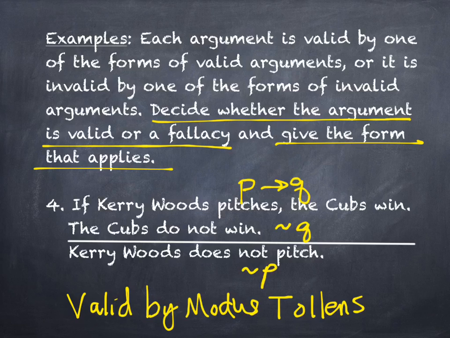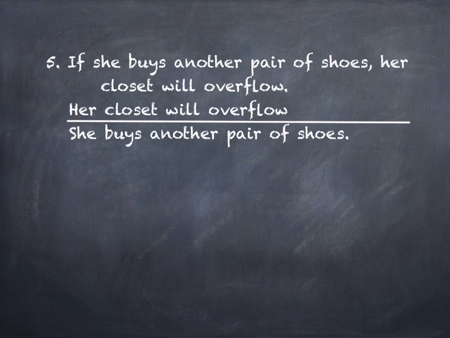We have one more. And the last one is a tribute to my mother-in-law. She's a wonderful woman. She's kind of a shoe person. All right. If she buys another pair of shoes, her closet will overflow. Her closet will overflow, or did overflow, or does overflow. Whatever verb you want to use there would be okay. And the result was she buys or bought another pair of shoes.